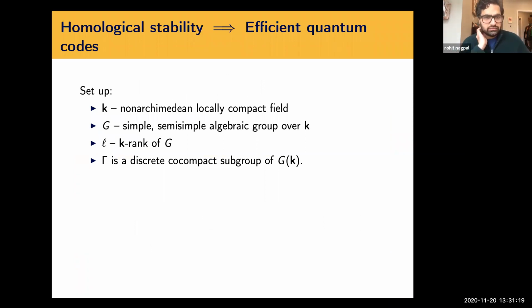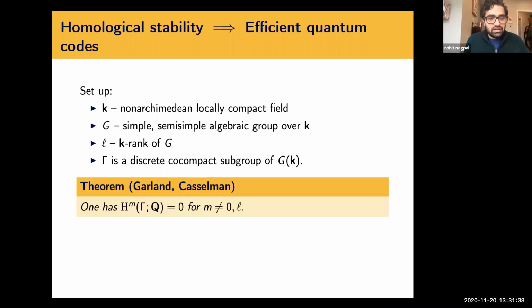If you take a non-Archimedean locally compact field K and a simple semisimple algebraic group G over K, and let L be the K-rank of G, and Gamma be any discrete cocompact subgroup of G(K), then the rational cohomology of Gamma is 0 in all dimensions except 0 and L.